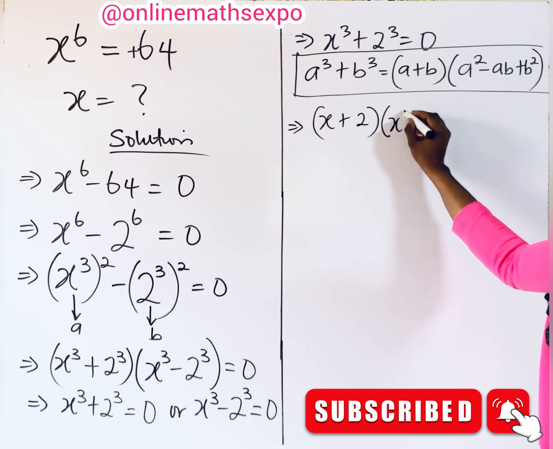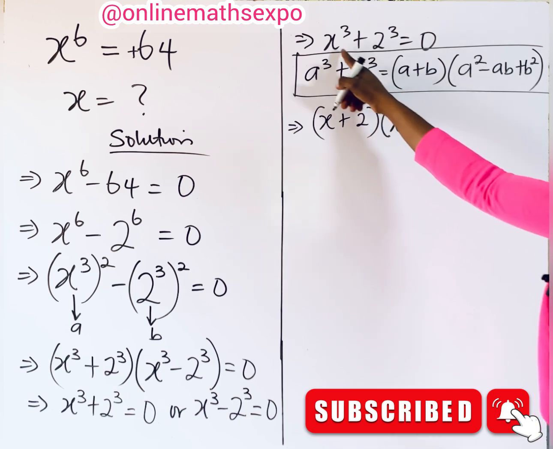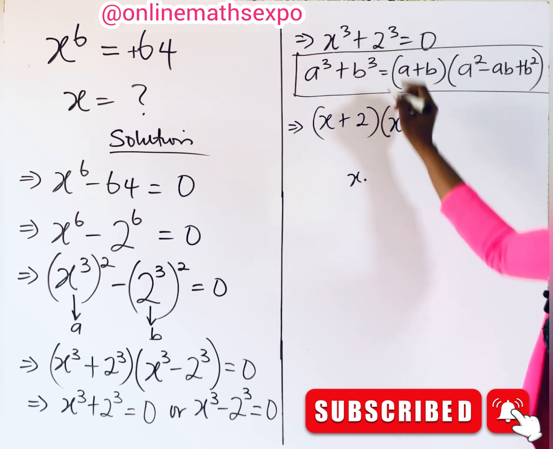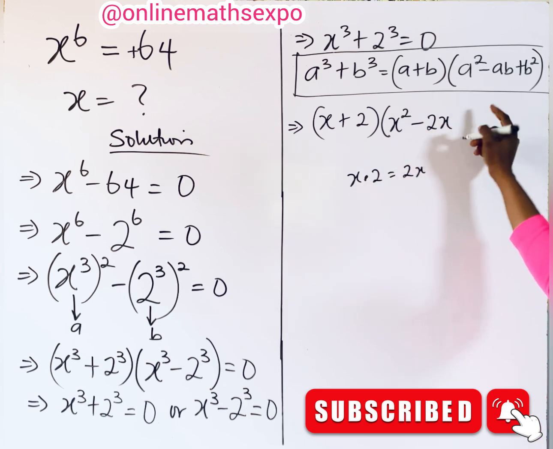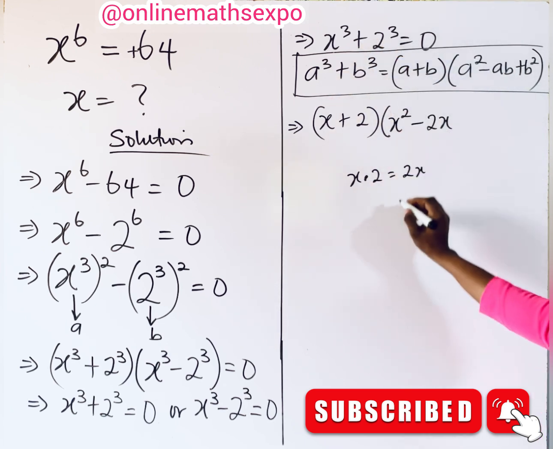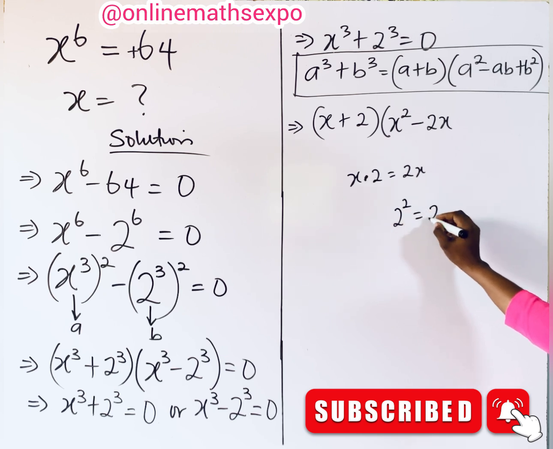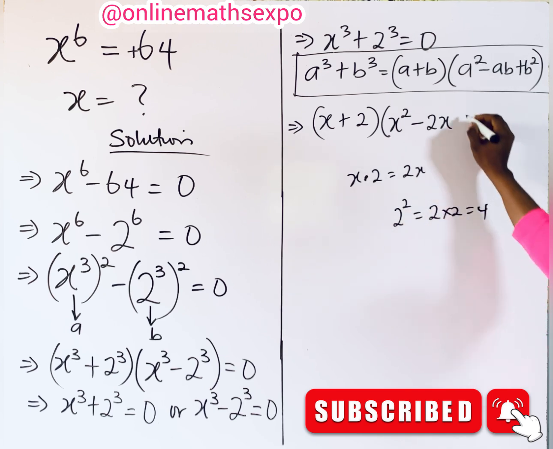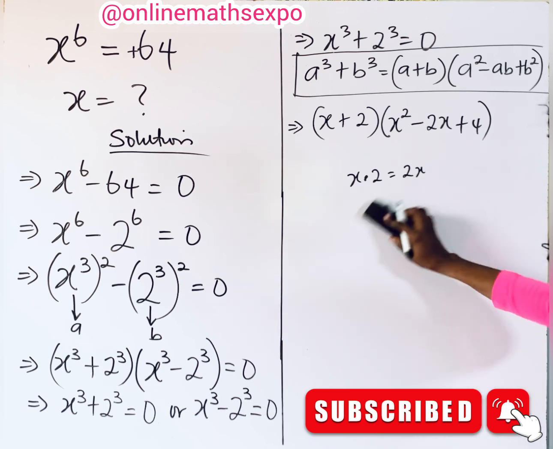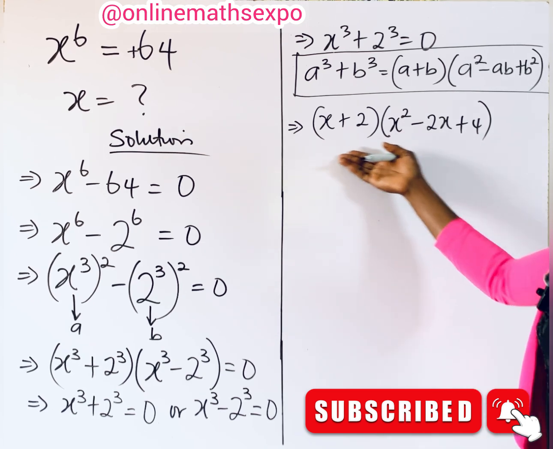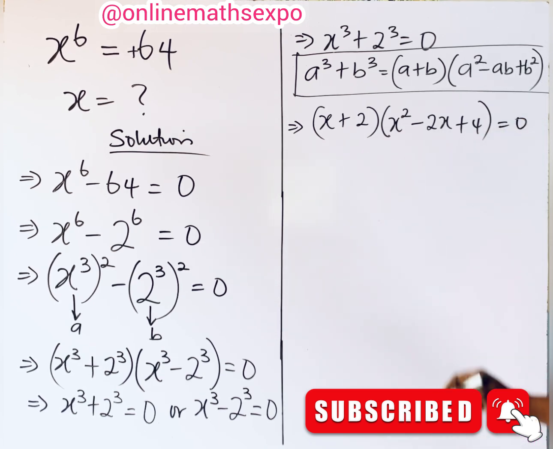So we have x squared minus x times 2, it gives you 2x, so we're going to have 2x. Then our b is 2, so we have 2 squared, which is 2 times 2 to give us 4. So we have plus 4 here. Did you see that? It means that this is equal to 0.